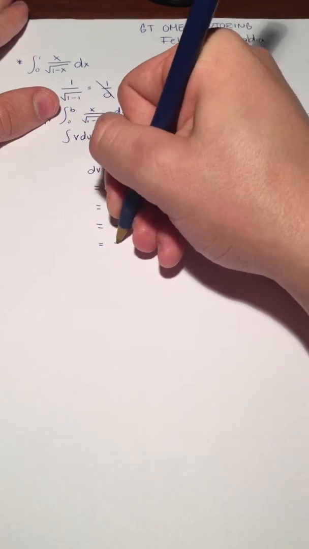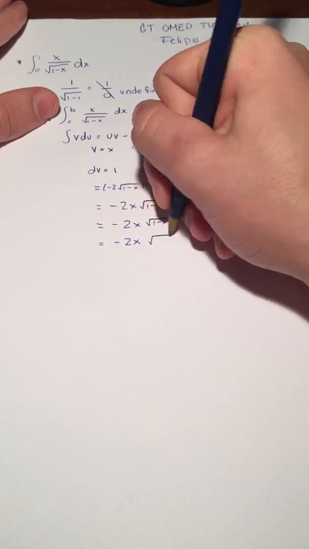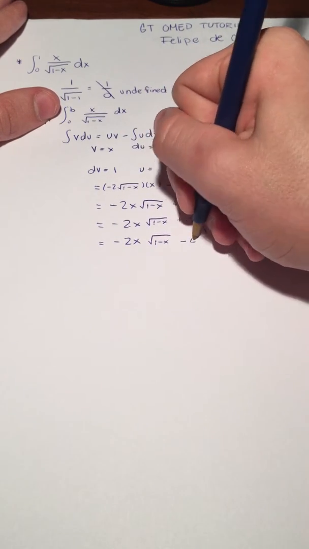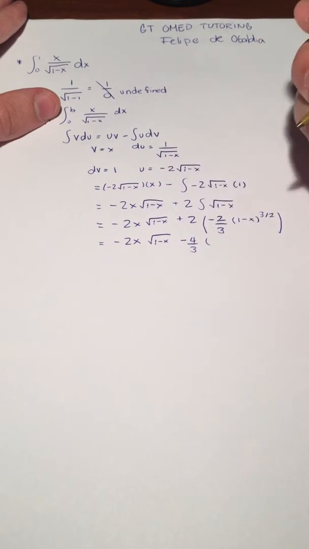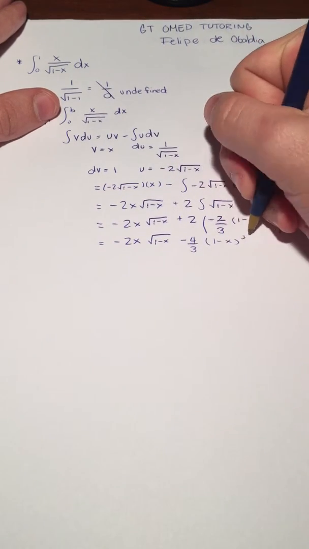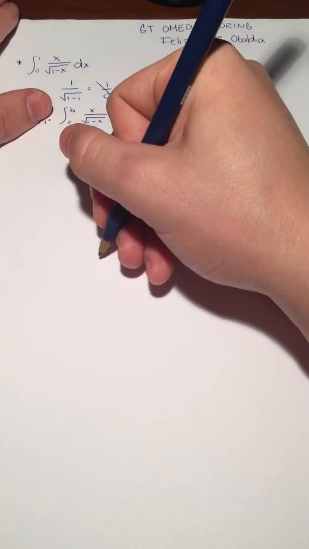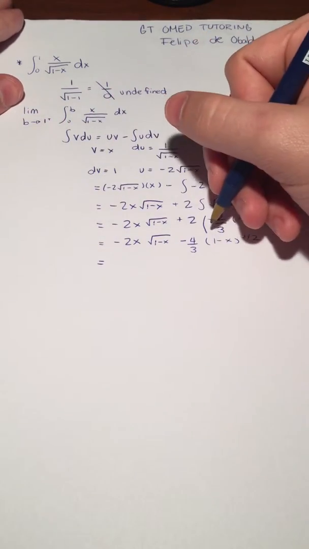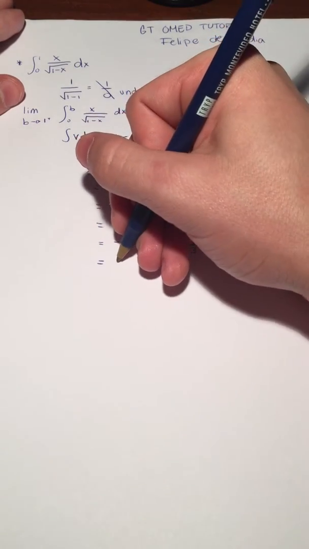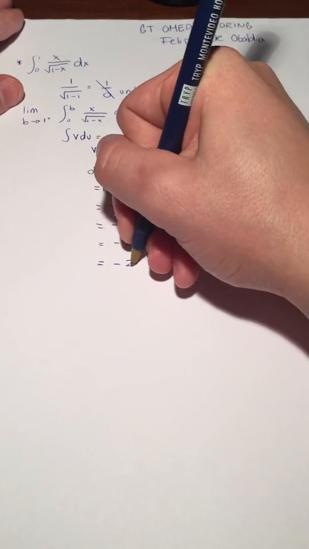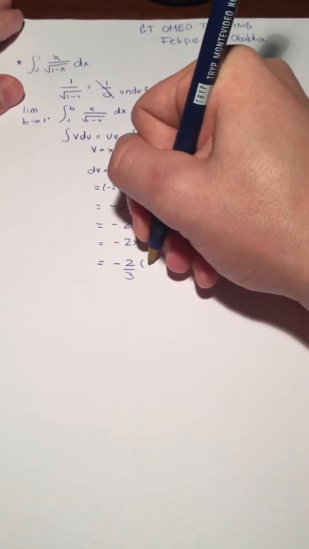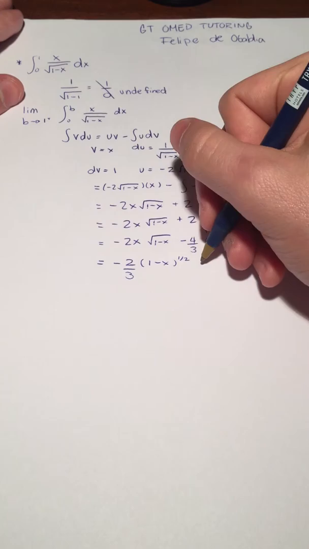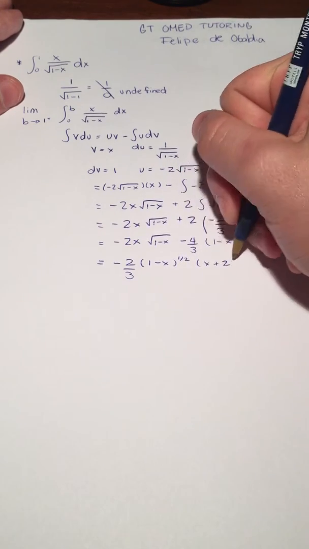So now let's multiply. We multiply here, minus 4/3, 1 minus x to the 3/2. Now let's make this expression more concise. And if we take out the common factor, we get minus 2/3, 1 minus x to the 1/2, times x plus 2.